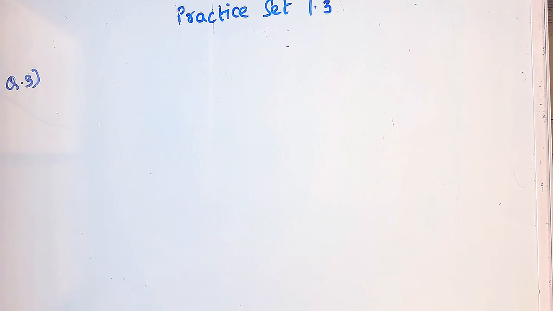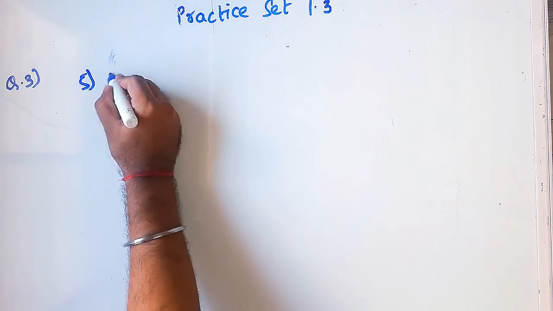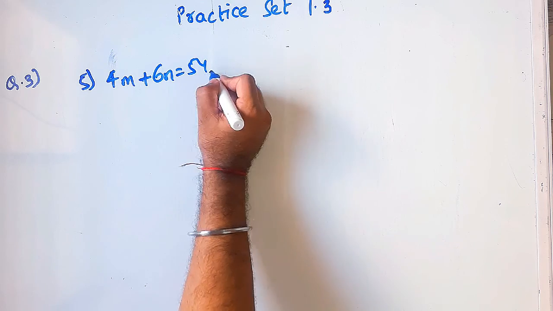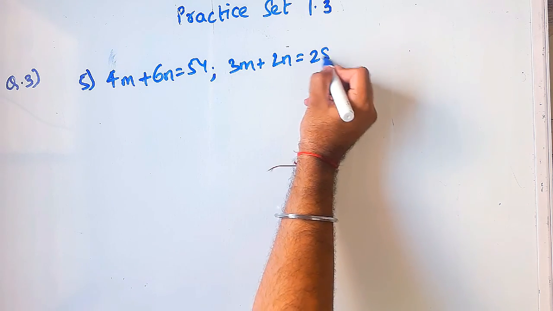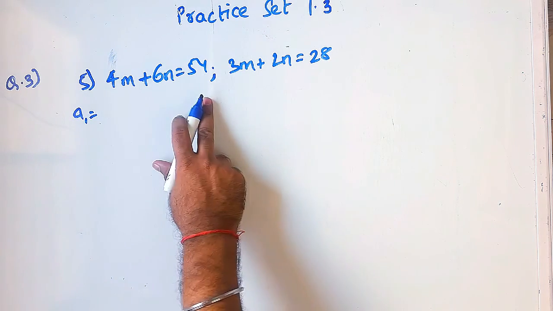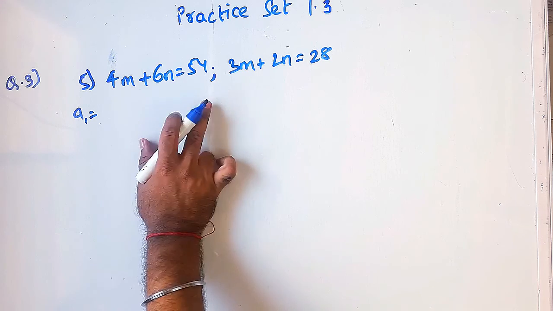Children are requesting me to do fifth and sixth one, so I'll do fifth one. 4m plus 6n equals 54, and 3m plus 2n equals 28. Now this is already in form ax plus by equals c.